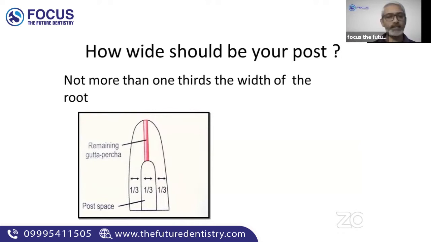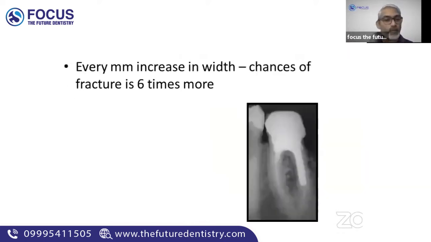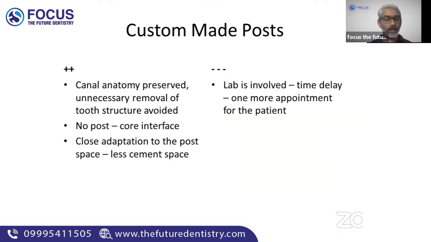That is what is meant by this. So what happens if you have a wide post? When you have a wide post, with every millimeter increase in width, the chance of fracture is 6 times more. So giving a wide post is dangerous to your root. So we have different types of post.